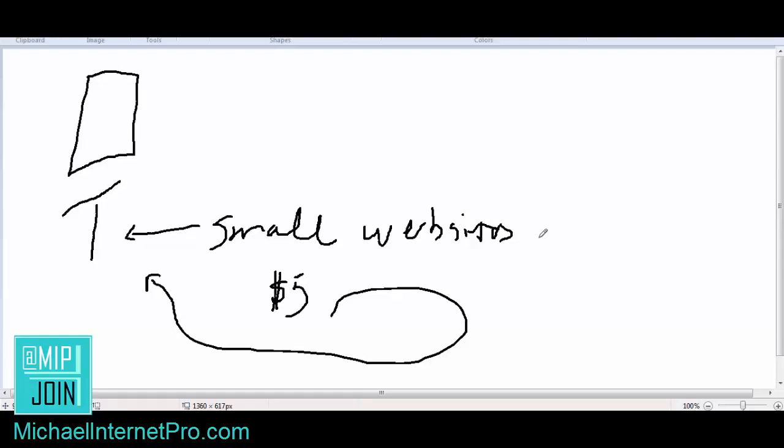The offers, for example, are paying like $40. So for $40 per sale, you're going to basically take $5 of your money as an investment inside these small websites that most people don't know about.